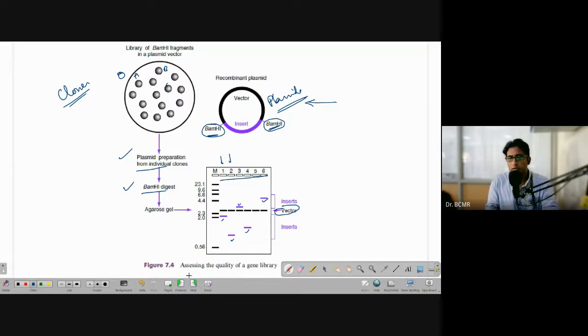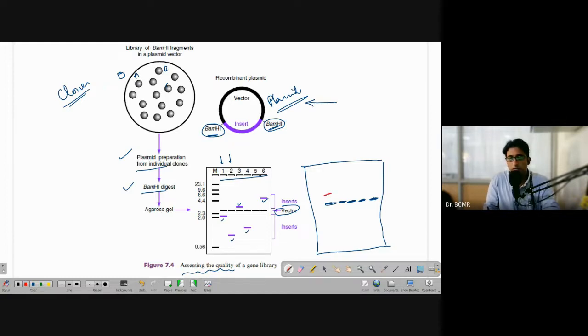This is a good way of assessing quality. Say, for example, I have theoretically another one, something like this. If I get the same vector band in all, that is good, because at least we know the vector is present in all the clones.